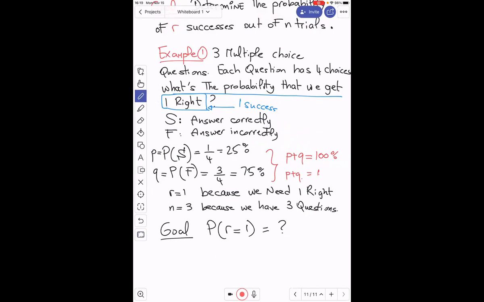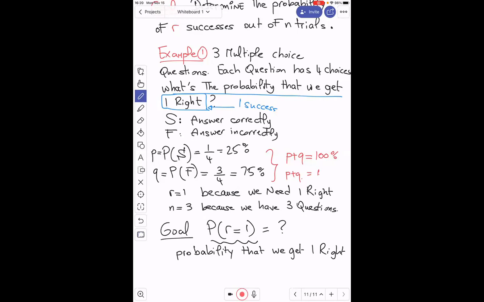So we need to compute this, the probability that you get one right answer out of the 3 questions. Any questions so far, guys?